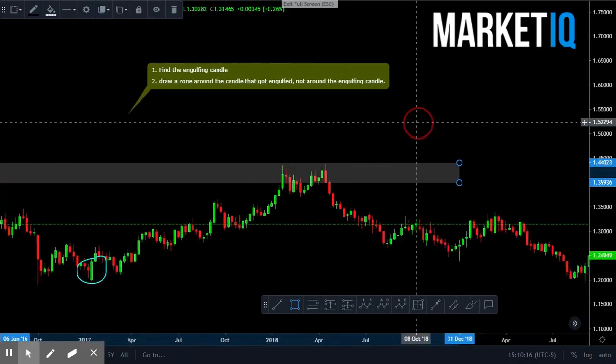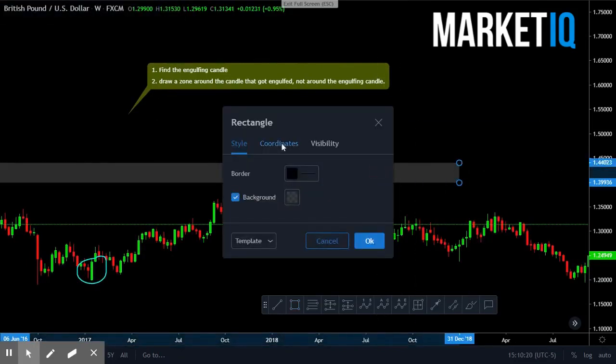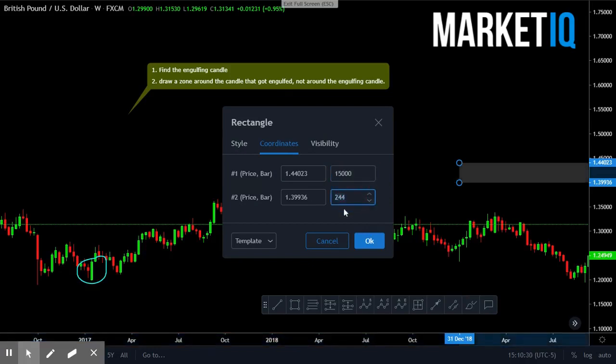Okay? And a cool little trick for you so that you don't have to pull price over too far. Double click your rectangle, go to coordinates, and you can make it bigger that way, instead of having to constantly click and drag it over, just because that can be tedious. Okay?